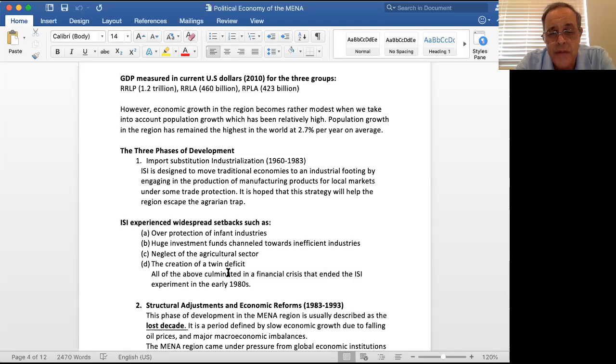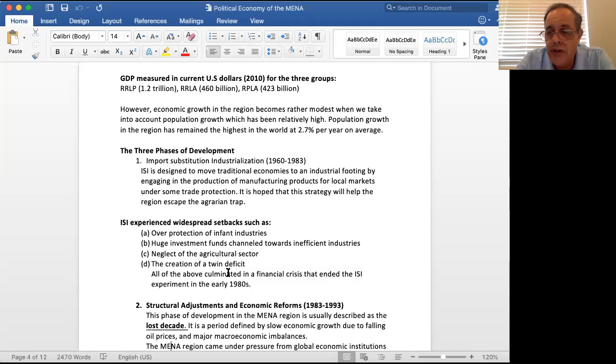Huge investment funds were channeled towards these inefficient industries. So you can see that a lot of the capital resources went to finance these huge industries that were inefficient to begin with. So you're just throwing good money after bad. That's exactly what was happening with this ISI strategy.